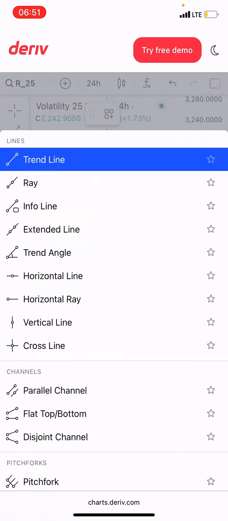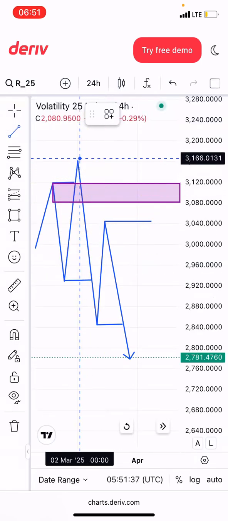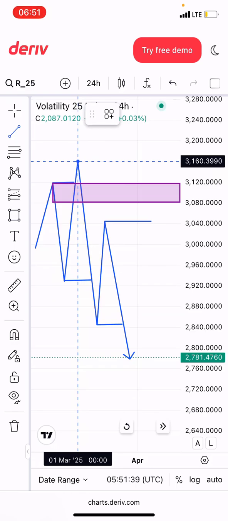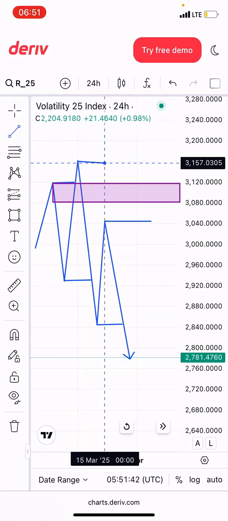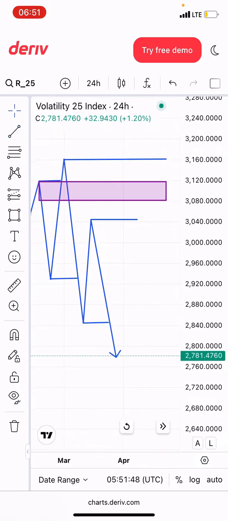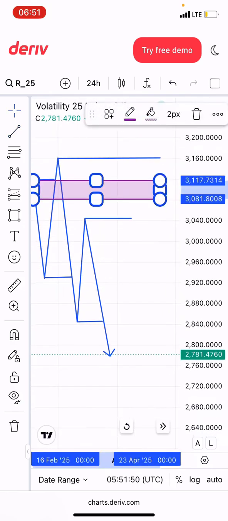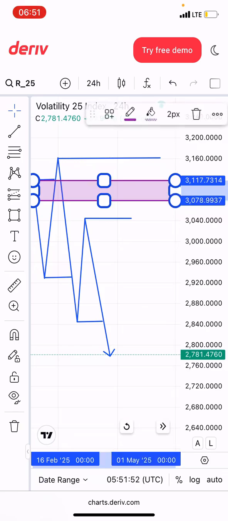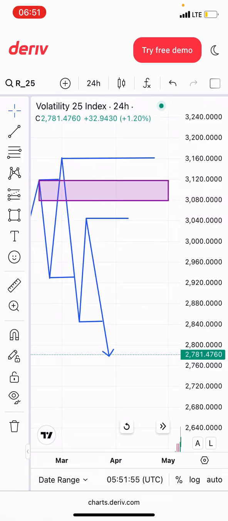Then this high here, this high that invalidated that other block, is considered your protected high. When we say protected high, it is not meant to be invalidated. You understand? It's not there to be invalidated.